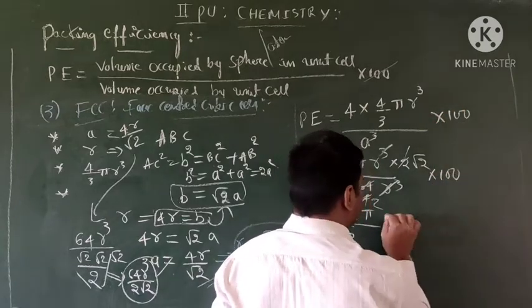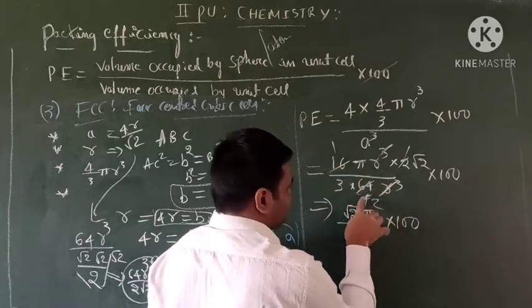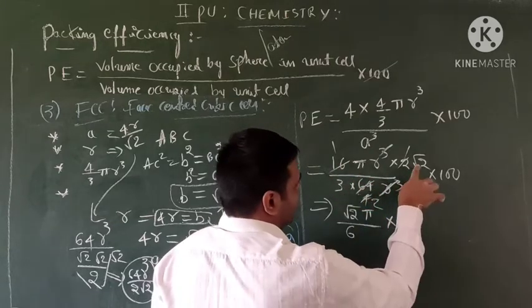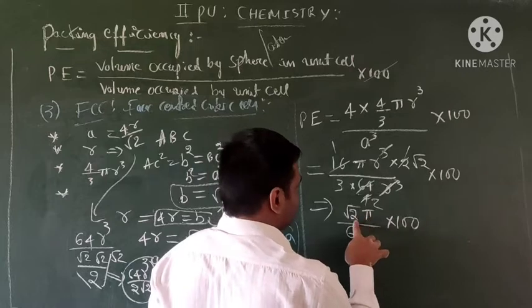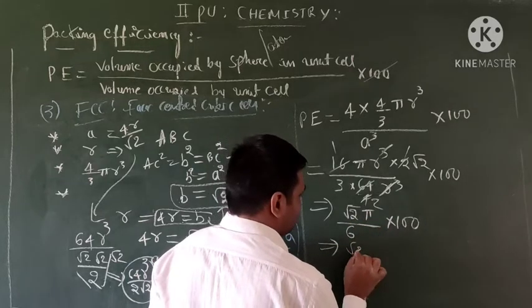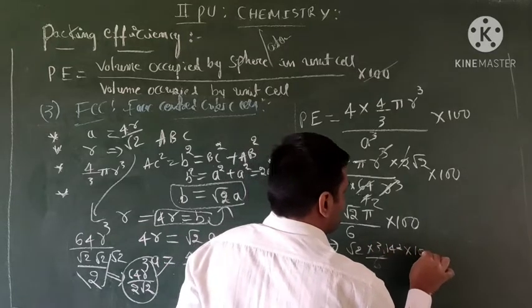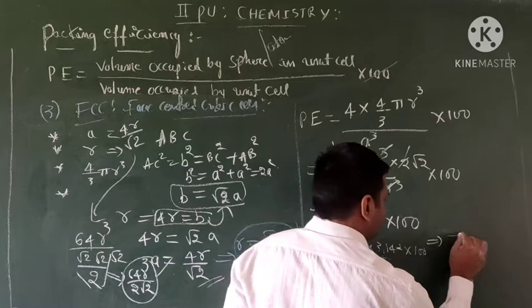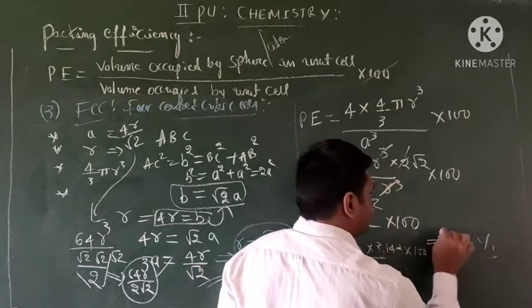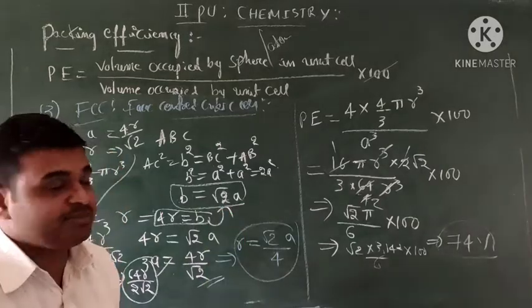We need to multiply by 100. This is 6 into 4, 3 twos are 6. The remaining is pi, 2 root 2 divided by pi. This can be calculated as root 2 into 3.142 divided by 6, into 100. You can get the value. See how much percentage? 74%. Okay, students, 74% packing efficiency is present.